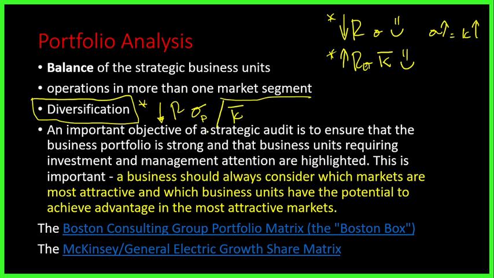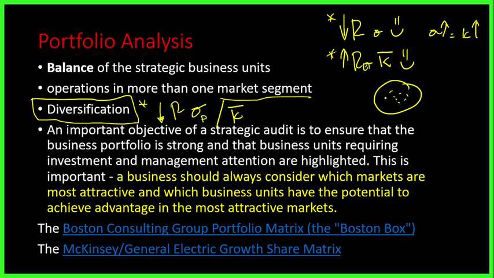Now, if you can add an asset in your portfolio which will reduce the overall risk of a portfolio, that is a good asset. Or if you can add an asset which is able to increase the return of the portfolio, then that is a good asset. So, ganun lang naman yung concept ng diversification.